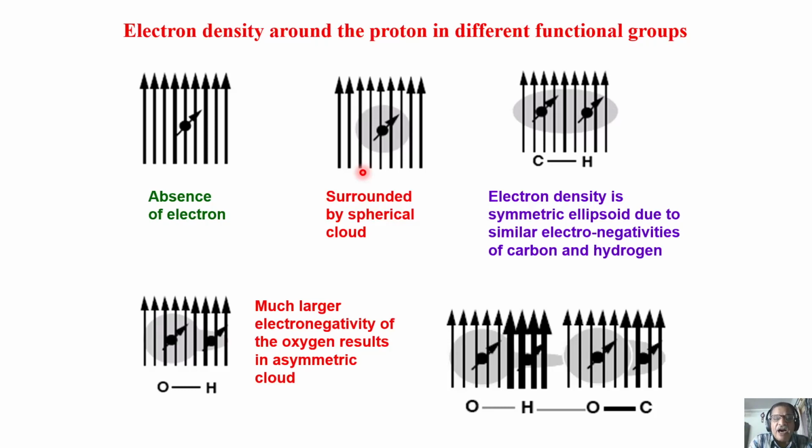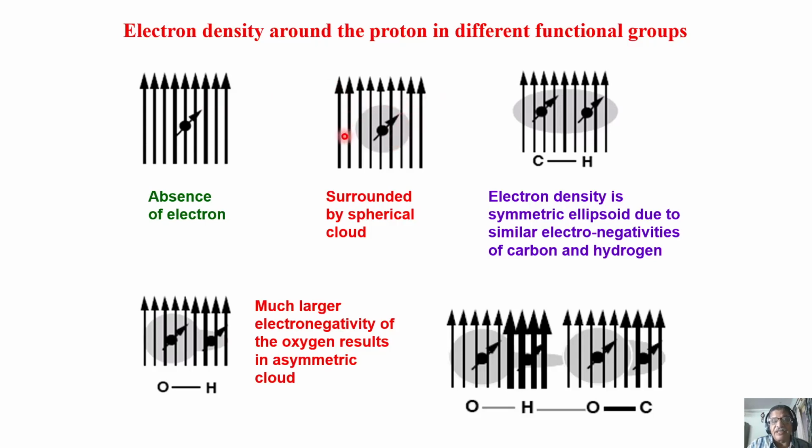Now let us look at electron density, and how different nuclei see the different charges surrounding them based on the functional groups. As I said, for a nucleus in the absence of electrons, it is perfectly spherical, with uniform charge distribution surrounding it. Look at this one.